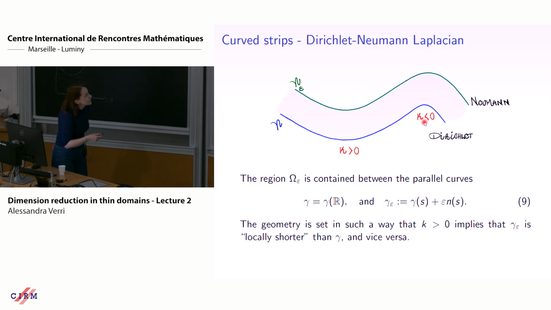And if K is negative, the Dirichlet boundary is locally shorter than the Neumann boundary. In the end, we will see that these signs will have an impact on the effective operator.